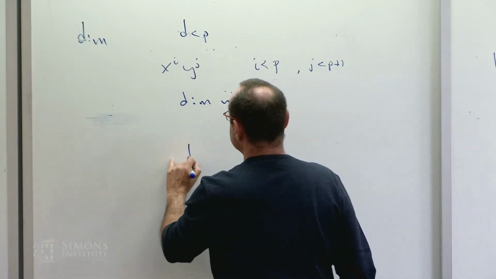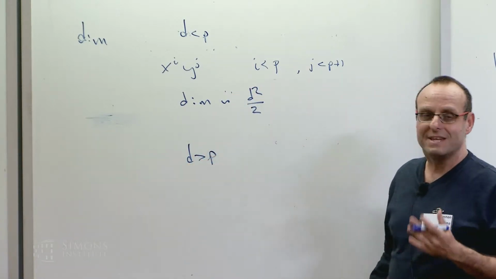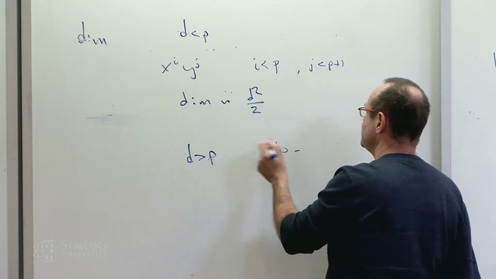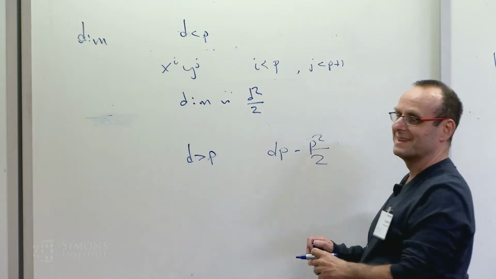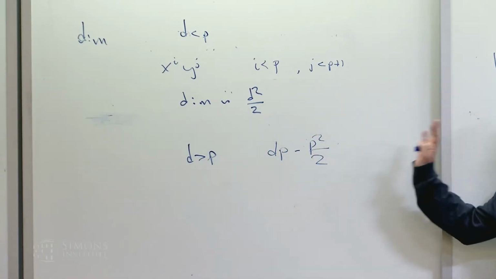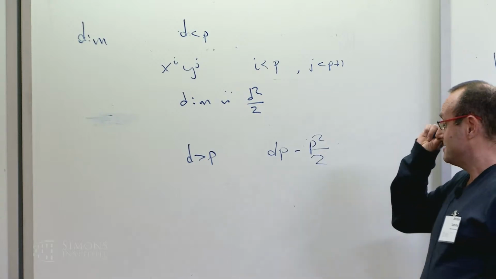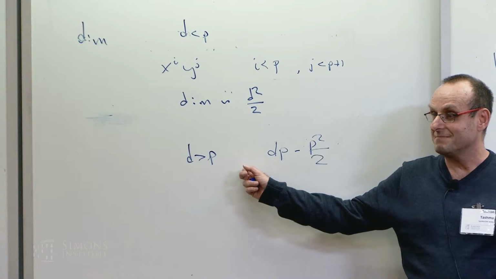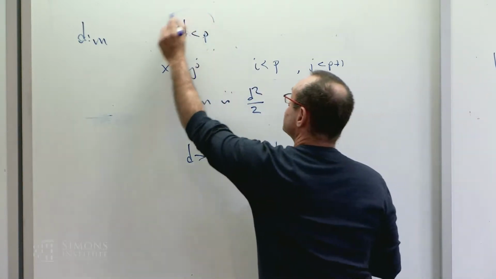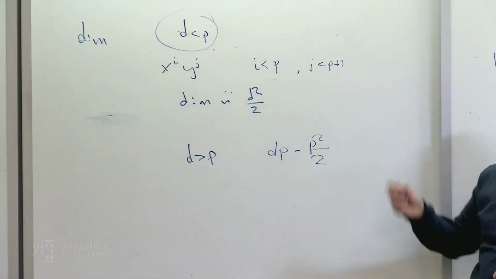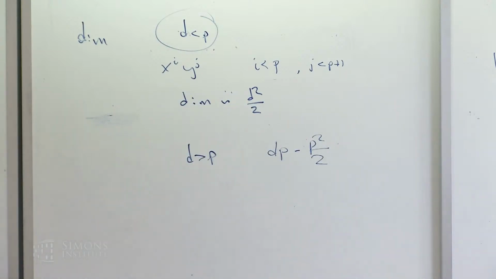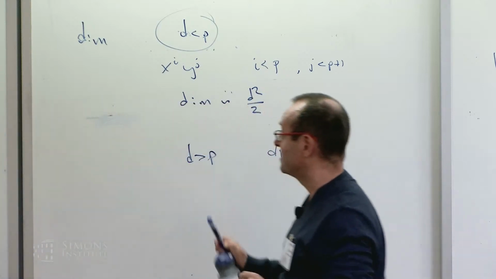And if d is above p, then the dimension is the degree of the divisor minus the genus, which is p squared over 2. But if you didn't understand that sentence, you can just ignore it. Because we don't know how to analyze the case that d is larger than p, we only know how to analyze the case that d is smaller than p, so this is our case. But just for general knowledge, the Hermitian code is as good as it can be. Okay? So that's the Hermitian code.